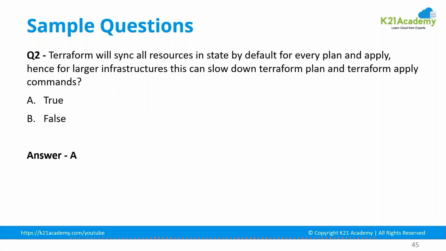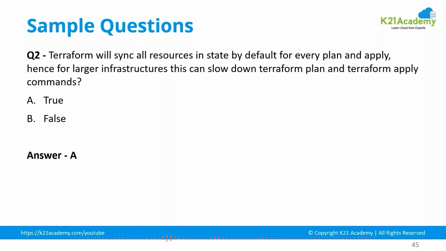Now something like this: Terraform will sync all the resources in the state by default for every plan and apply. Hence, for larger infrastructure, this can slow down the Terraform plan and Terraform apply commands, right? This is related to the Terraform refresh, which is implicitly called whenever you are running the plan and the apply, and that is where it syncs the resources.